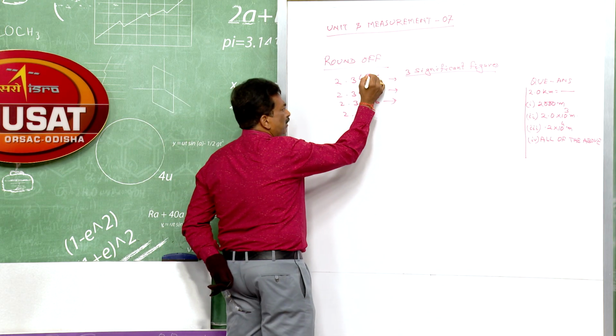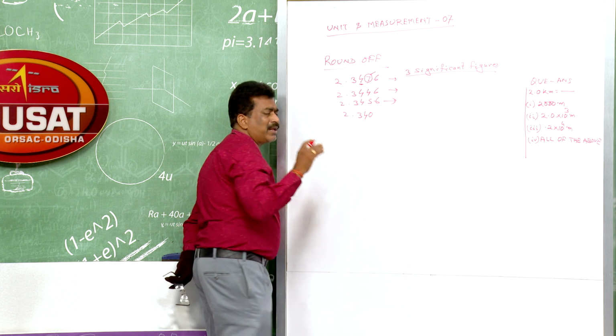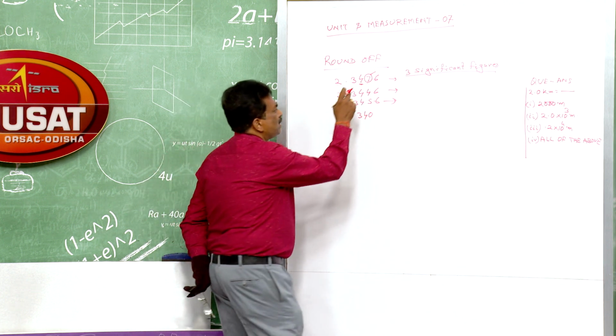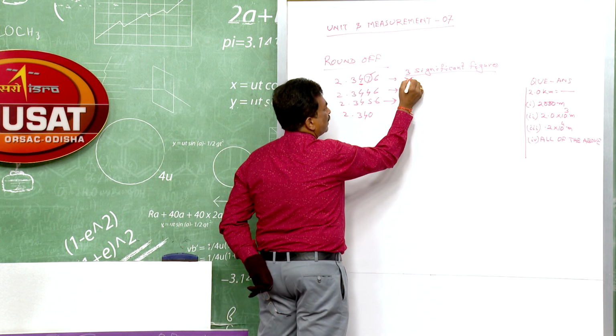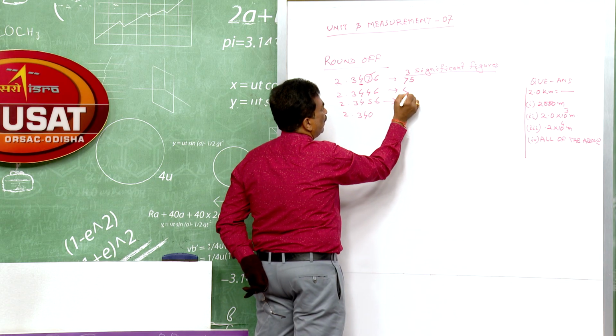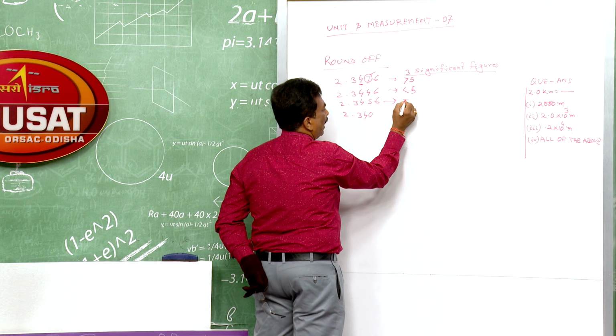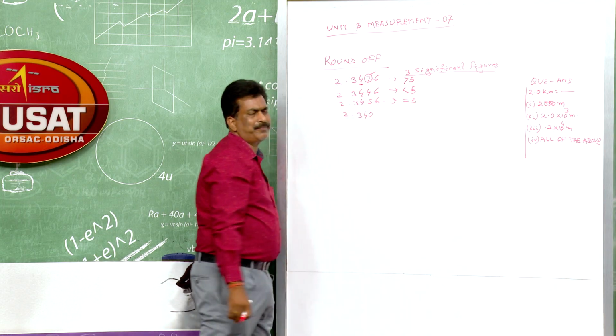So, if that number is more than 5, here the 7, greater than 5, whereas here it is less than 5, and here it is equal to 5.